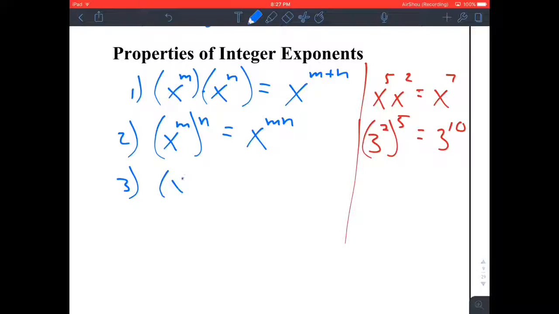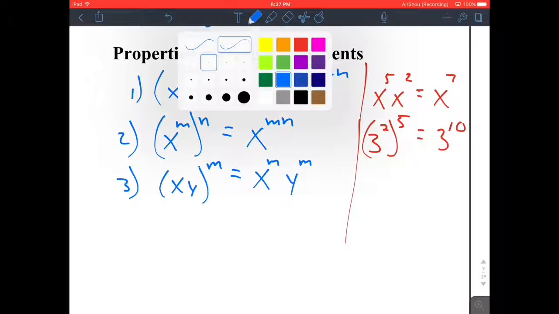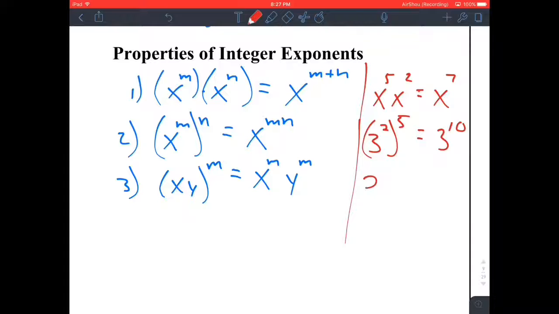If you have a product, two things you're multiplying, and that is raised to an exponent, that means you can simply use that exponent for each of the factors that you're multiplying together. So if we had something like 2 times x to the 4th, that would be 2 to the 4th times x to the 4th.